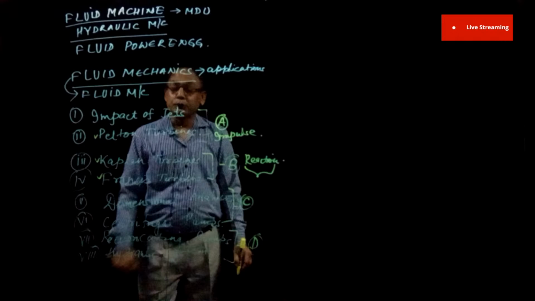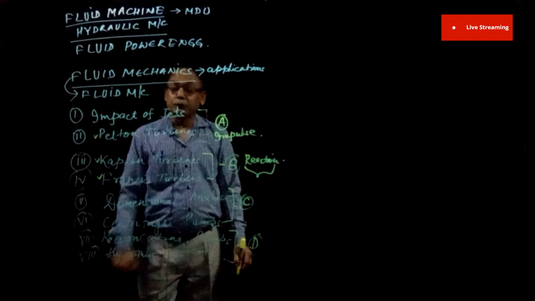First is impact of jet. First chapter is impact of jets. This is as I have written, impacts of jet. This is the first unit. Remember, here we have to find out what is the force created by the jet. Jet means here nozzle, fluid coming from the nozzle.